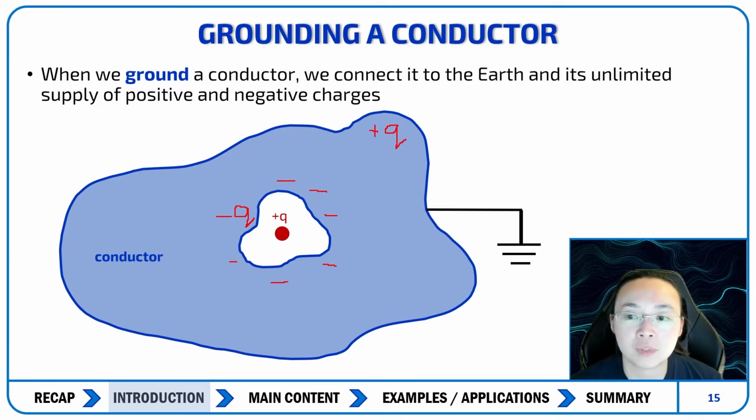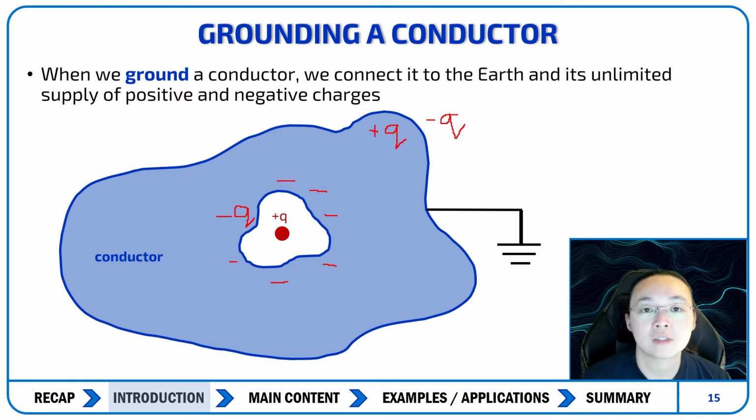Now, if I have plus Q on the surface, then the ground is going to provide me with enough electrons to balance out the charge on that surface, and therefore you are going to end up with an external surface charge of 0. So that is something that's very important to understand when we ground conductors.